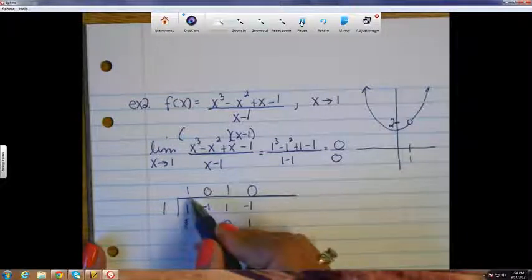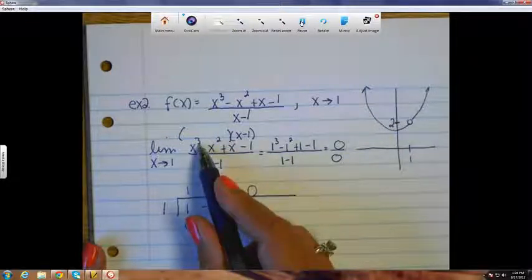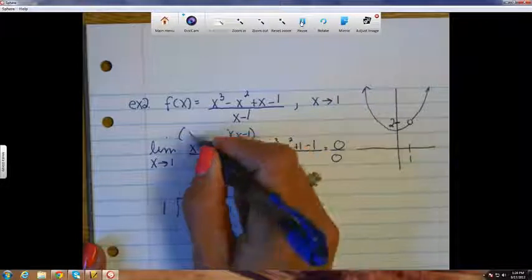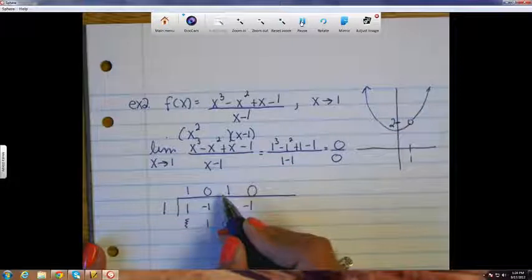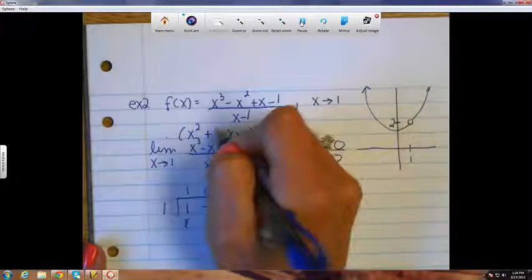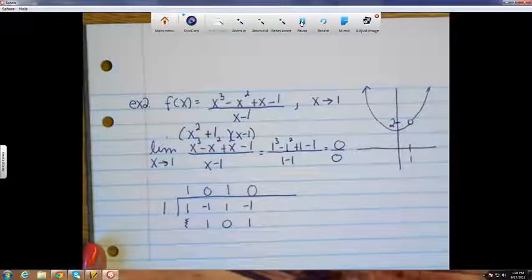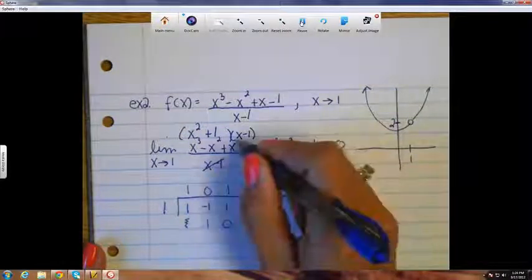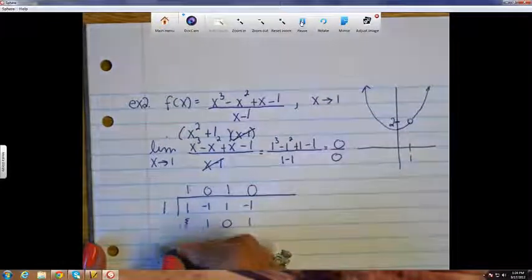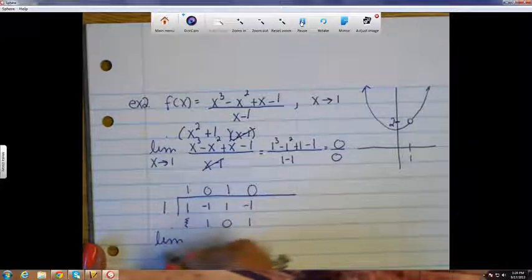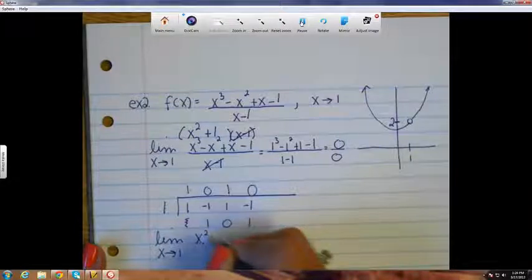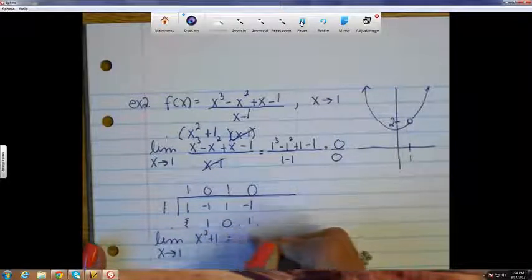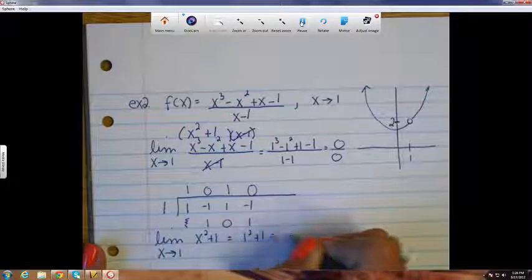So the other factor starts out 1 less than what I'm dividing into, so it's 1x squared, plus 0x, which I'm not going to write down, plus 1. So now I can cancel off the x minus 1. Now to get the limit as x approaches 1, I'm just going to use the x squared plus 1. Substitute in, 1 squared plus 1, there's our 2.